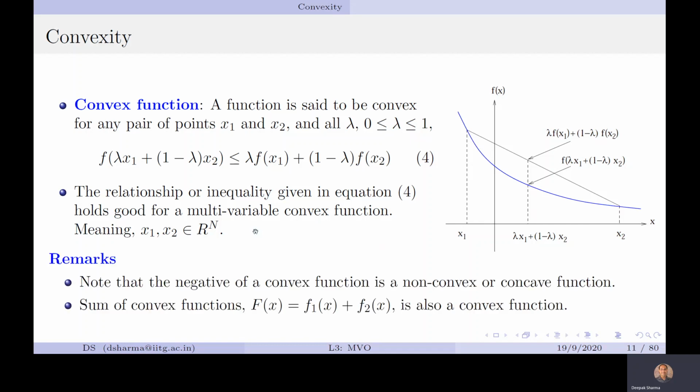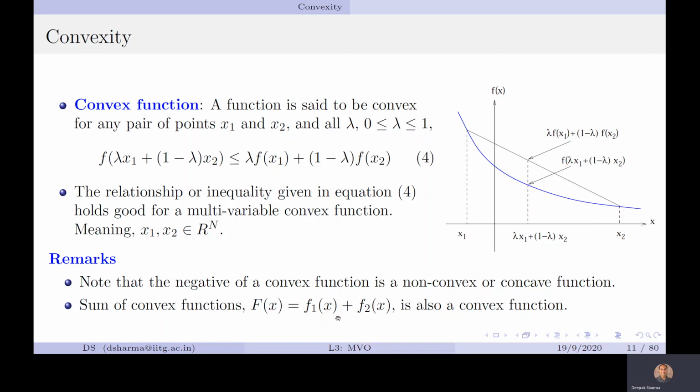There are some remarks. First, you have to note that the negative of a convex function is a non-convex or concave function. If you multiply a convex function by -1, it will become a non-convex or concave function.